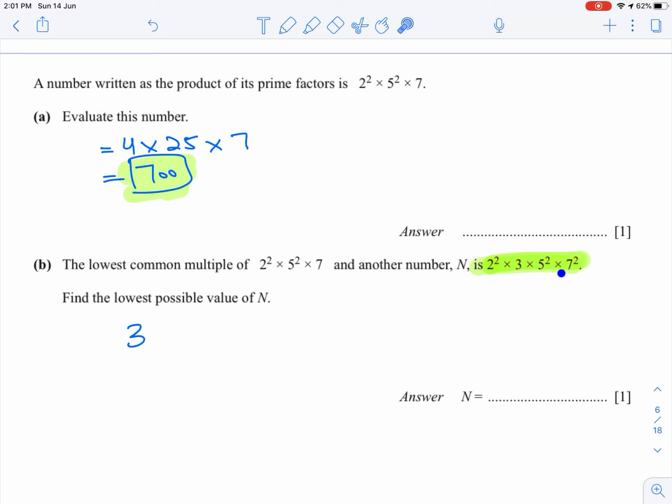But 7, there are 2 7's here, there's just 1 7 here. That means n must be having 2 7's in it. So 2 7's. When you multiply, you get 3 times 49, which is 153 minus 3... 3 times 50 is 150, if you subtract 3, 147. Yeah, 147, which is the answer for this part of the question.